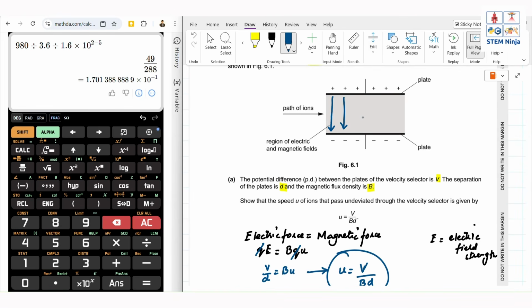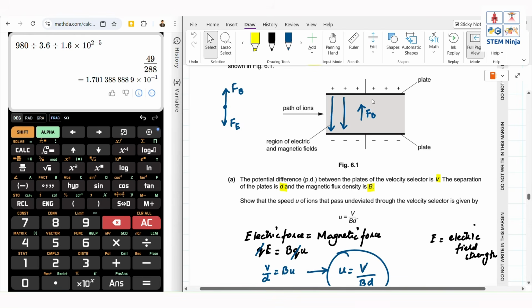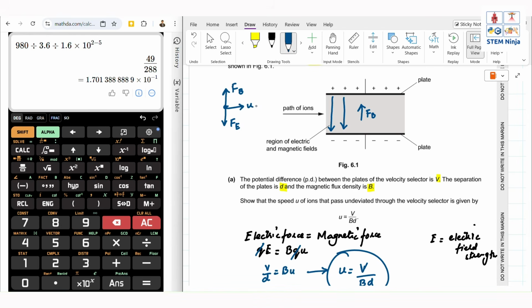That means that the magnetic force has to be upwards. Since electric force equals magnetic force, this will only happen if they are in opposite directions. And this is the direction of the ions.